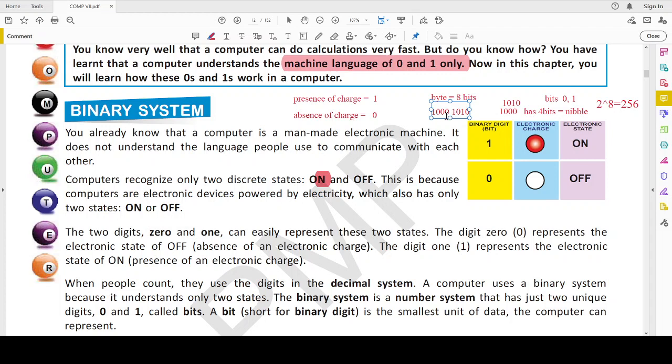This will go on. 16 into 2 is 32, 32 into 2 is 64, 64 into 2 is 128, 128 into 2 is 256. So it is 2 to the power 8, which is 256. You multiply 2 eight times, you get 256. So there can be 256 representations with a byte.